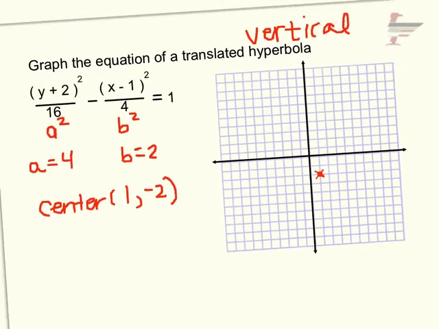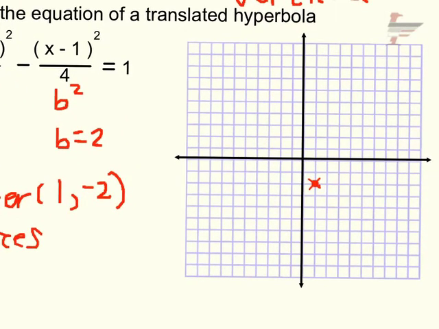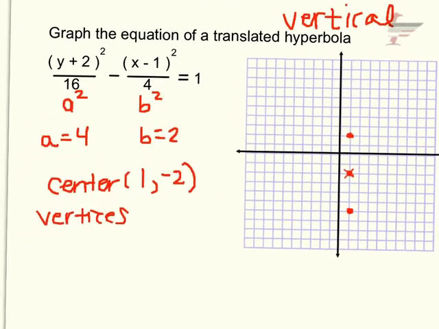Then I know in the y direction, I'm going to go 4 units. From my center, I'm going to go up 4 and down 4, and those will be my vertices. In the y direction, I go 4 units above and 4 units below, and those are my vertices.